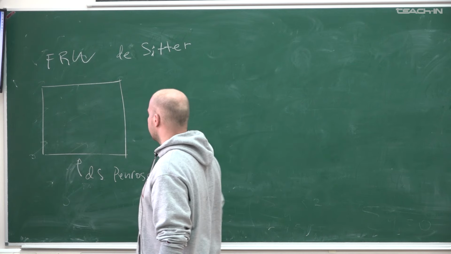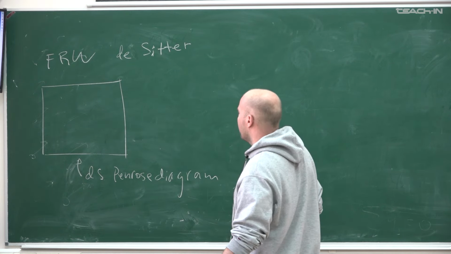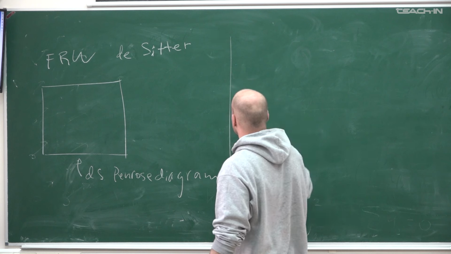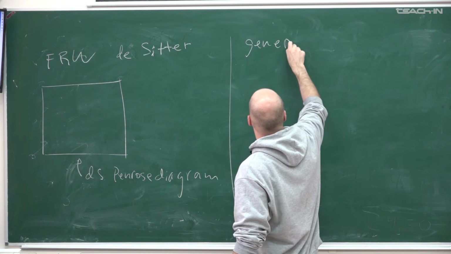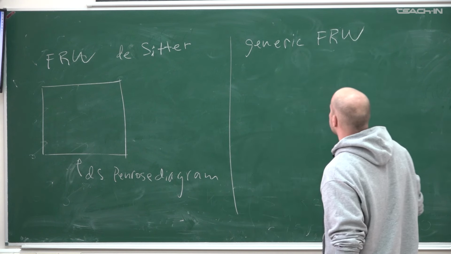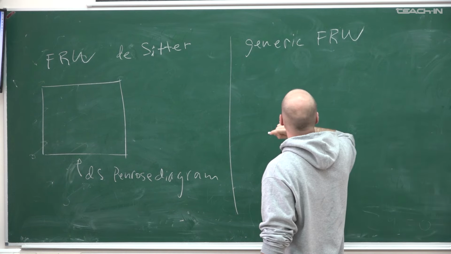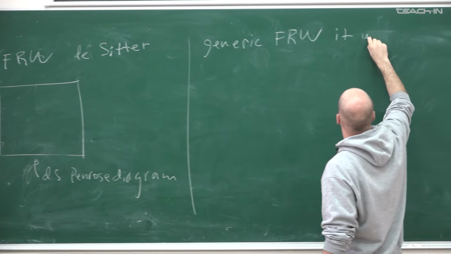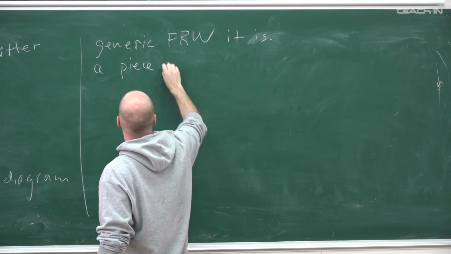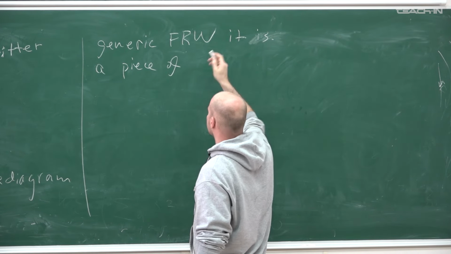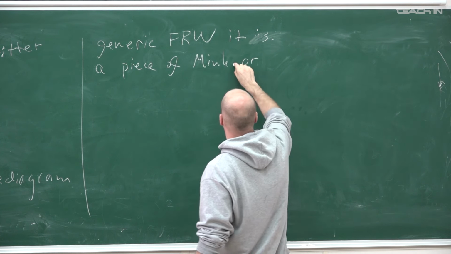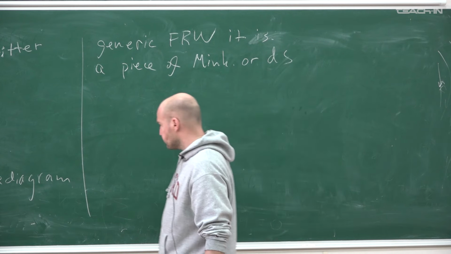It is simply a square, okay, while for generic FRW, it was a piece of, say, the Minkowski or DS Penrose diagram.